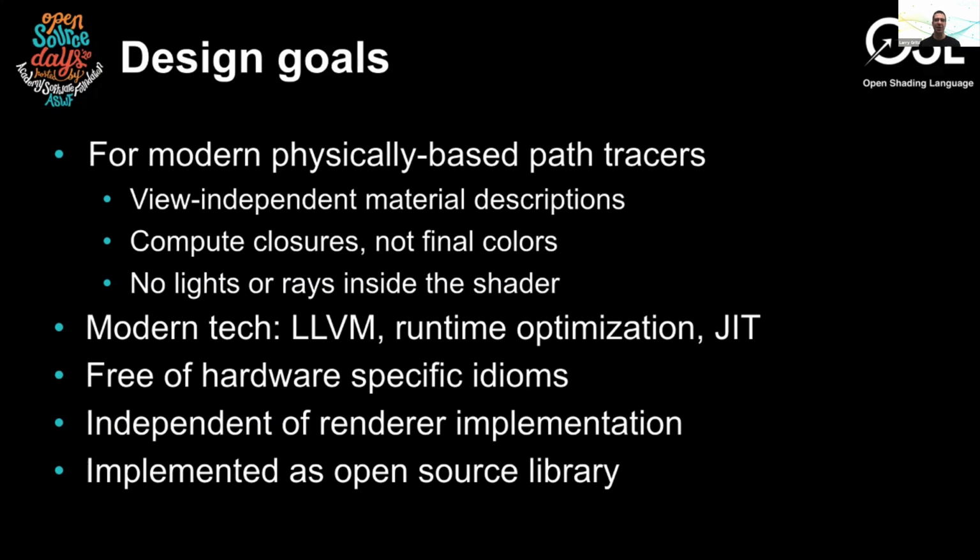So in particular, some of the things that we changed versus other languages are to make much more of an effort to have a view-independent material description. We compute what we call closures rather than the final lit colors from a particular direction. And that's what gives us a lot of the flexibility.